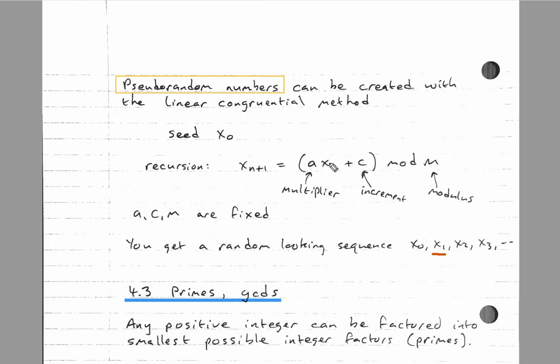And then repeat that, put x sub 1 in here to get x sub 2, put x sub 2 in here to get x sub 3, and you'll get this sequence. Yeah, it looks random. It's not really random. It's going to start repeating eventually, but good for applications and good for test questions too.